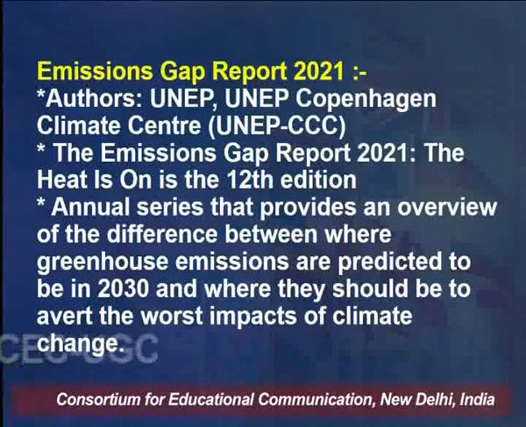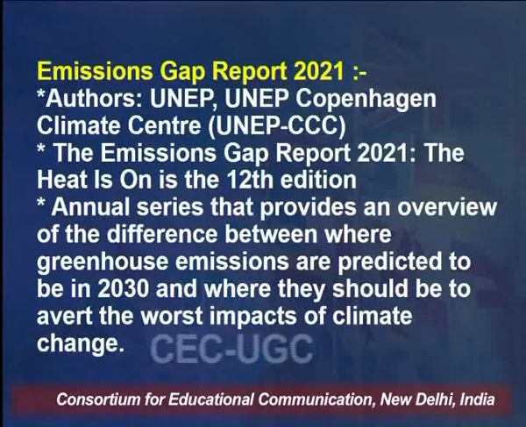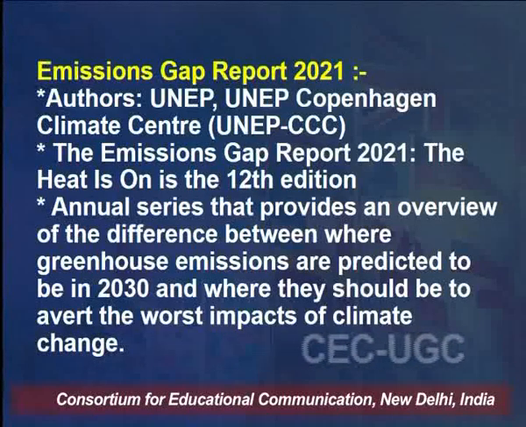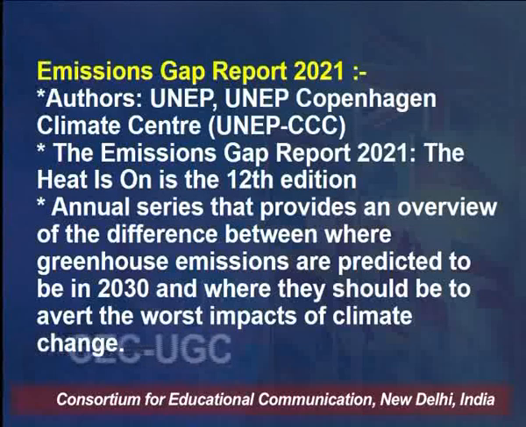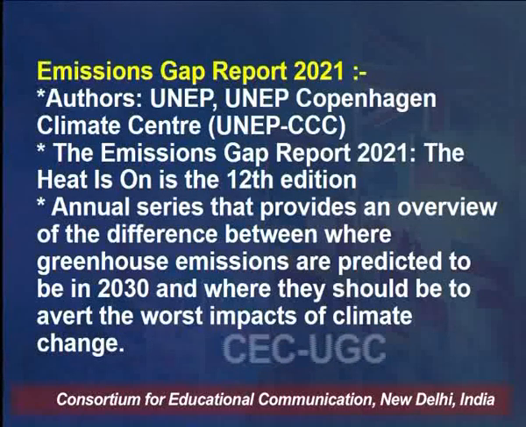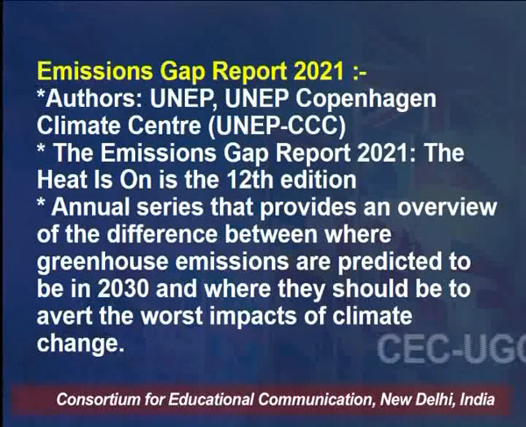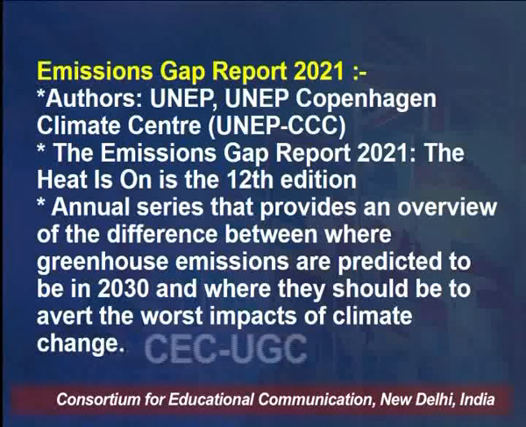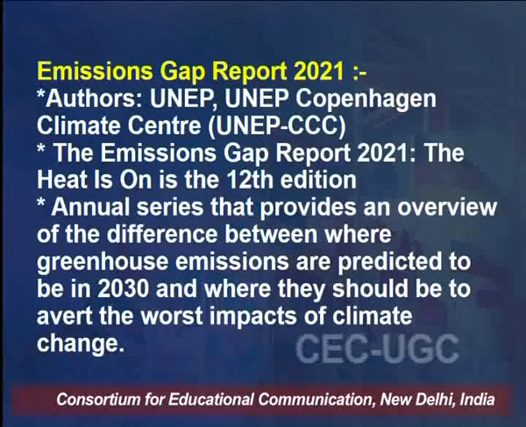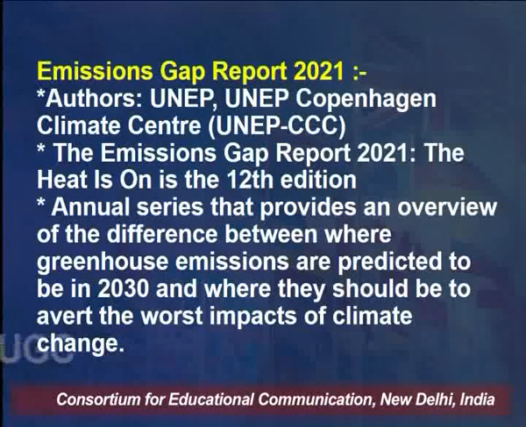The Emissions Gap Report is an annual series, so every year through its research, UNEP presents important dynamics to comprehend. It provides an overview of the difference between where greenhouse gas emissions are predicted to be in 2030 and where they should be to avoid the worst impacts of climate change.